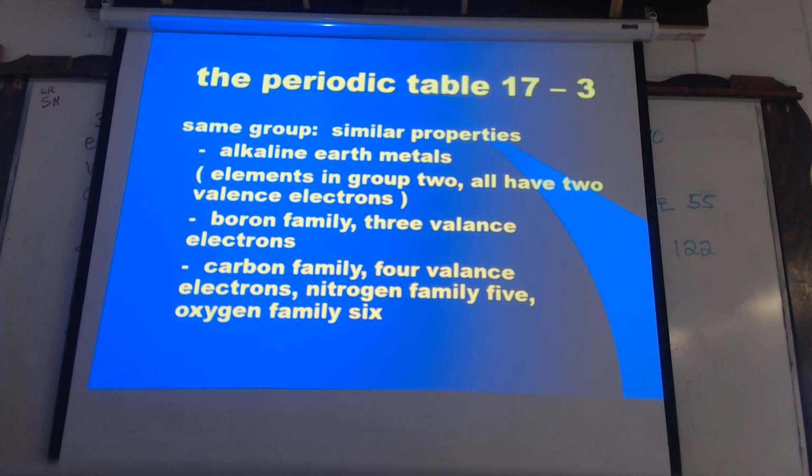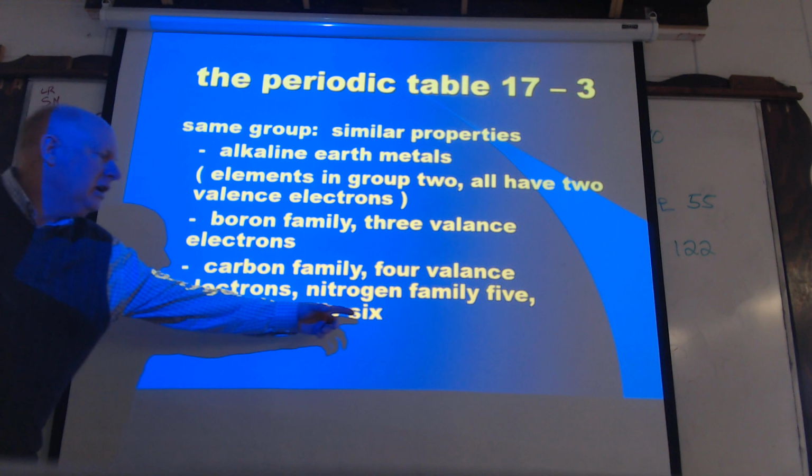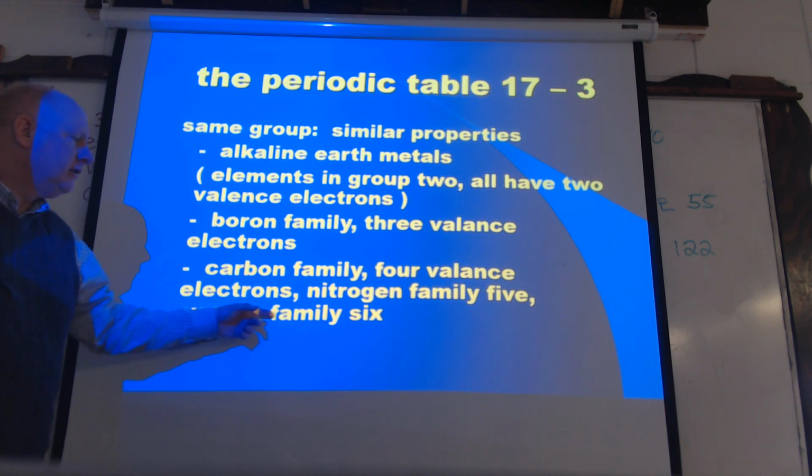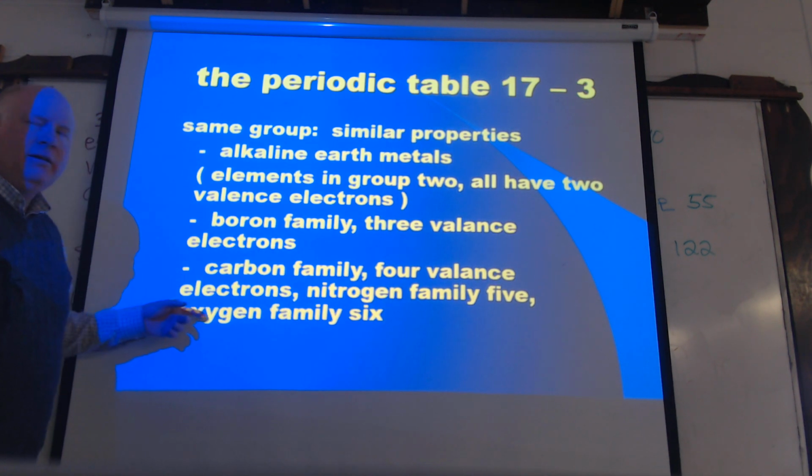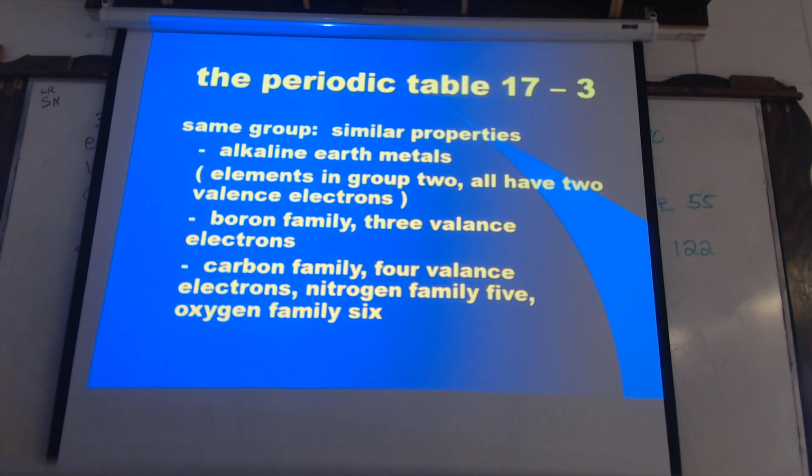The tendency is that on the left side, those metallic atoms want to give their electrons away. That's why they form positive charges. Elements on the right side have the tendency to gain electrons. If an element is in column 6, remember, having 8 valence electrons makes it stable.